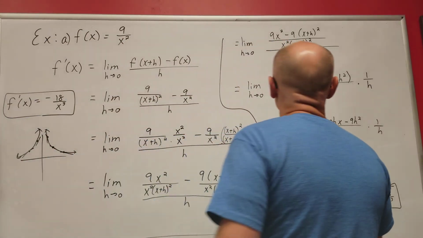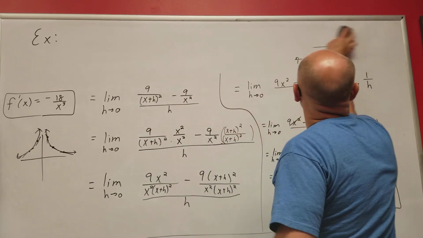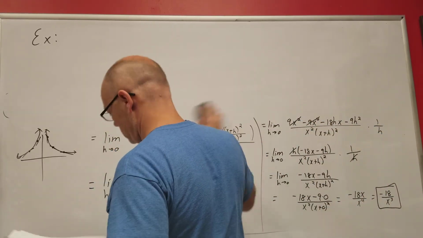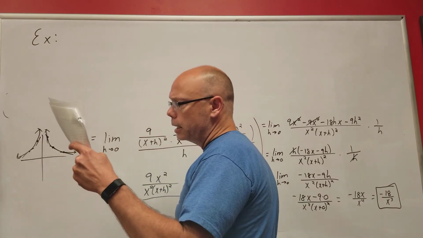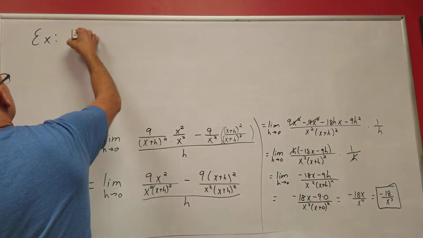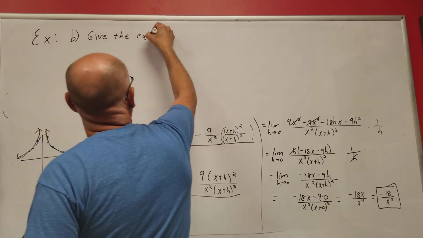Let's look at part B. Let me erase some stuff here so I have room to write. All right, what does part B want? Part B says, give the equation of the tangent line at x is equal to -1.